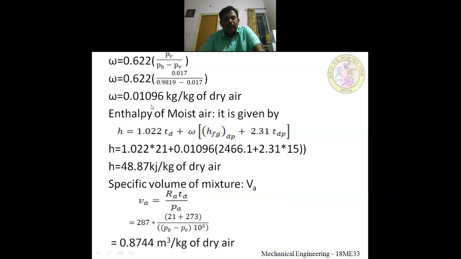Omega is nothing but the specific humidity they have asked, in the third one. PV you have found, PB they have given in the problem. Just substitute and get the value of omega.